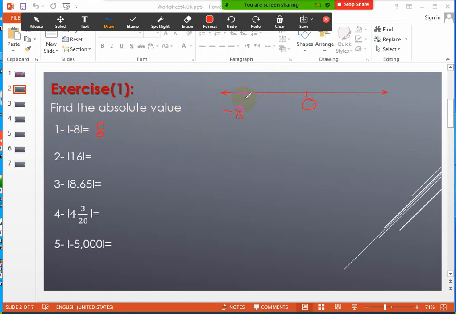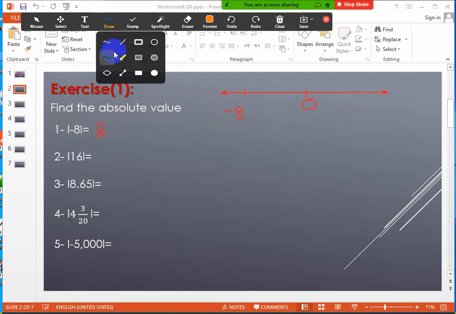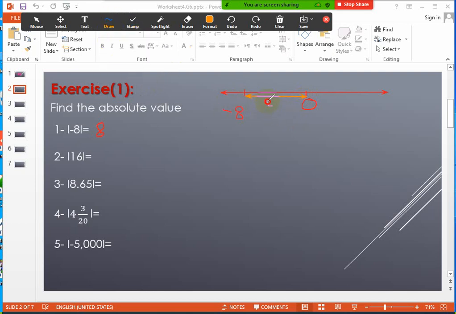And you know that there is no negative distance. The distance will always be positive. Here the distance is 8 units. So the absolute value for negative numbers equals positive, and the absolute value for a positive number is also positive, because we are talking about distance, so it will always be positive.